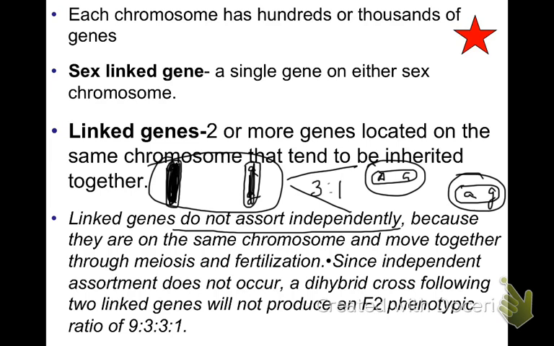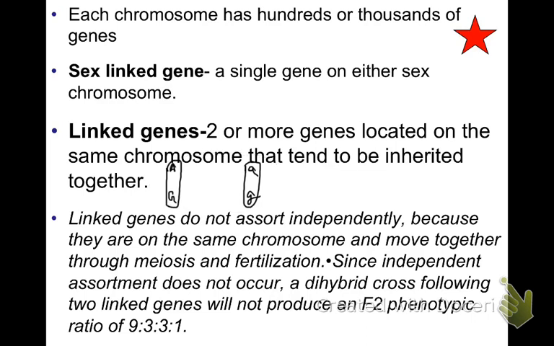Instead of the 9:3:3:1 ratio that you would see if you had them on different chromosomes. For example, let's explain that bit also. Suppose this is chromosome M1, which has capital A. This is chromosome D1, which has small a.